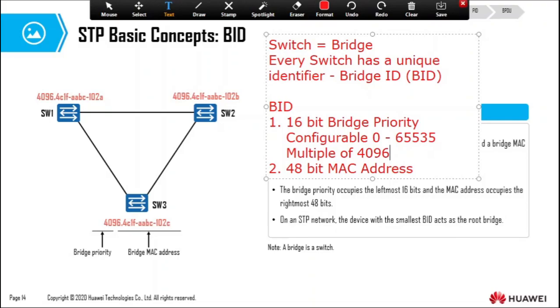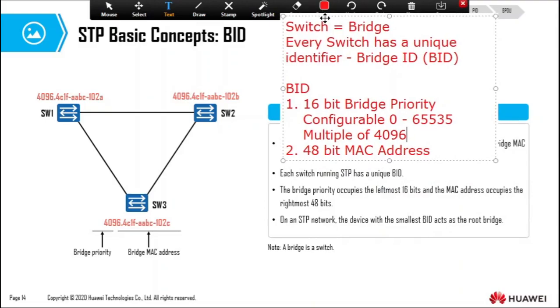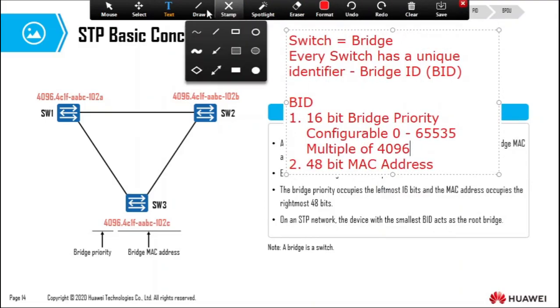So later on, we are going to see how the bridge ID is used. The bridge ID is used to elect what we call the root bridge, but just hold on to that idea for now. We are going to see how that is really implemented. Okay, so let's look at this particular example.